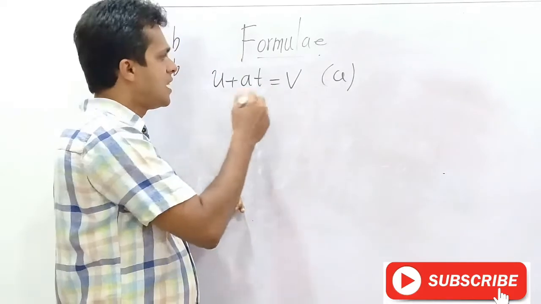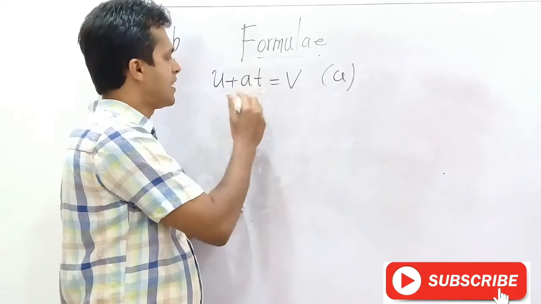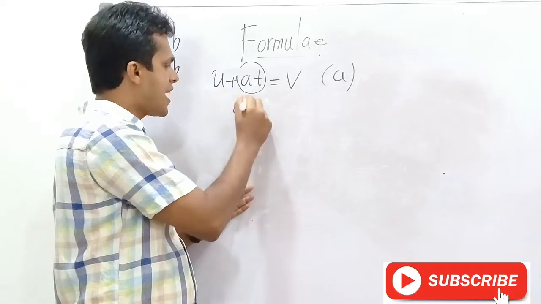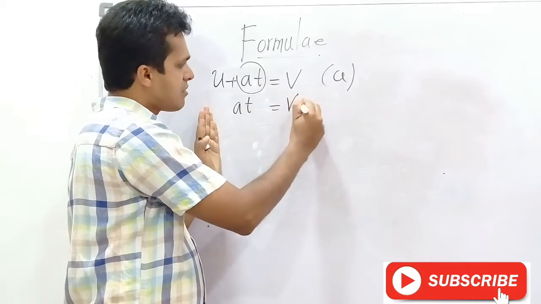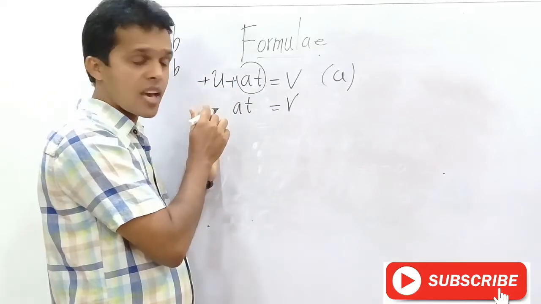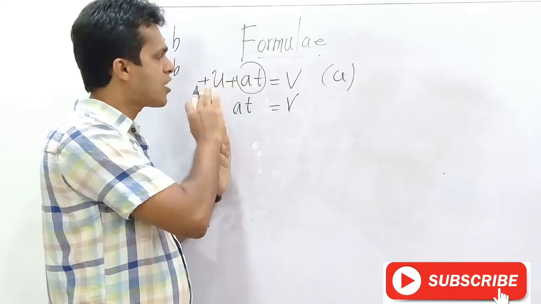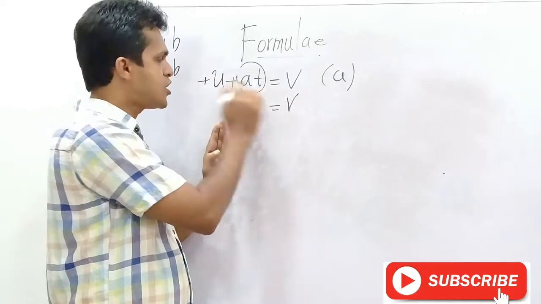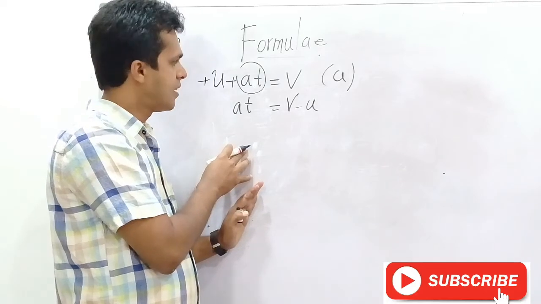Bear in mind. We have to write the term a as the subject of this formula. So you have to put the term at on the left side here. at equals v plus u. You have been told that if it is a positive value, when it goes to the right side of the equation of the formula, it becomes negative. So plus u becomes minus u.